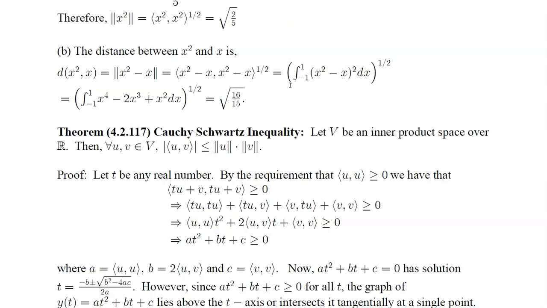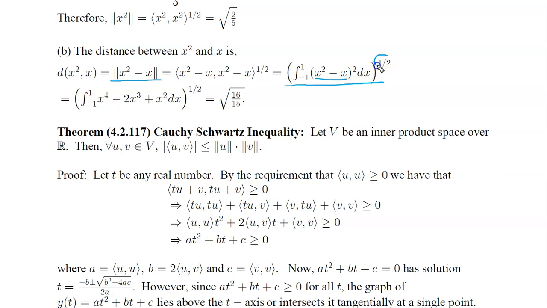And as for the distance between x squared and x, we just have to evaluate the norm of x squared minus x, which is the inner product of x squared minus x with itself to the 1/2 power. And so that's going to be this right here. Notice we have the definite integral from -1 to 1 of x squared minus x, squared, because we're multiplying this by itself 2 times.